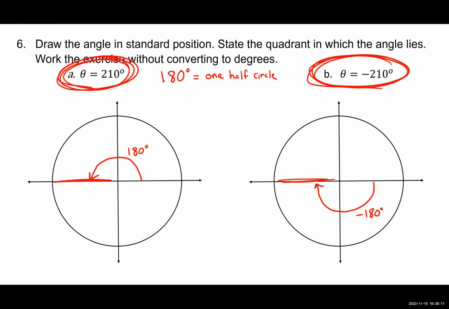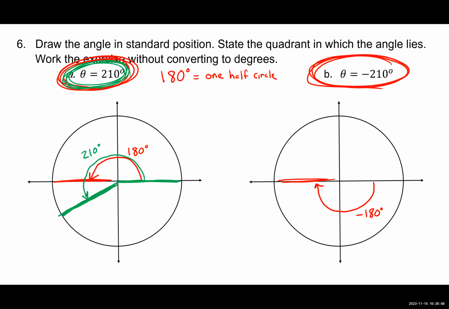But we have 210 and negative 210. Since 210 is bigger than 180, this 210 right here is going to take us a half circle and then a little bit more.